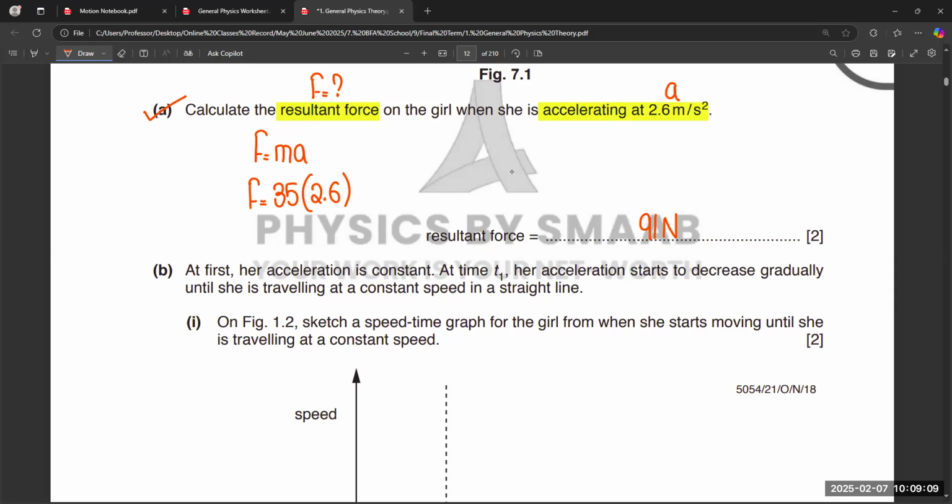Now in B part, at first her acceleration is constant. At time t equals 1, acceleration starts to decrease gradually until she is traveling at a constant speed in a straight line.